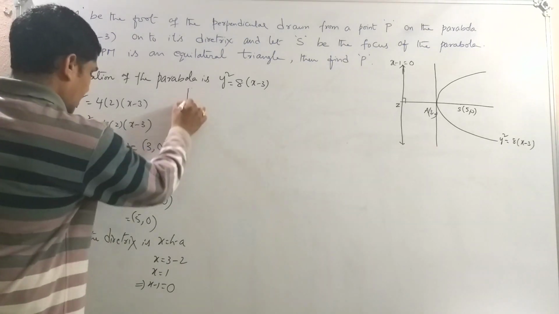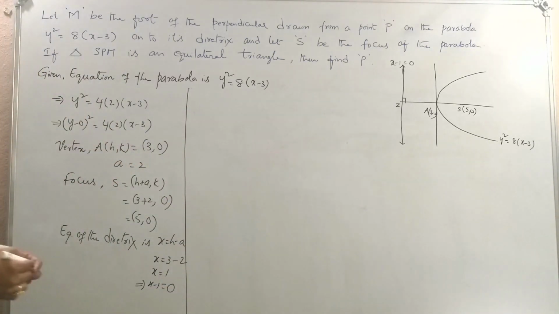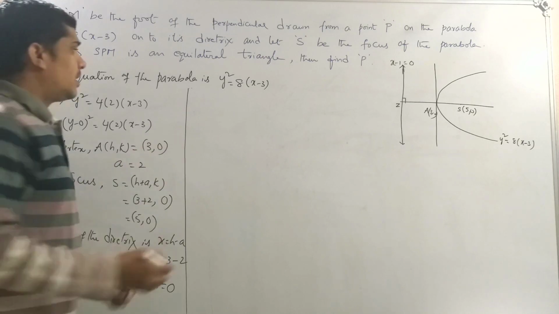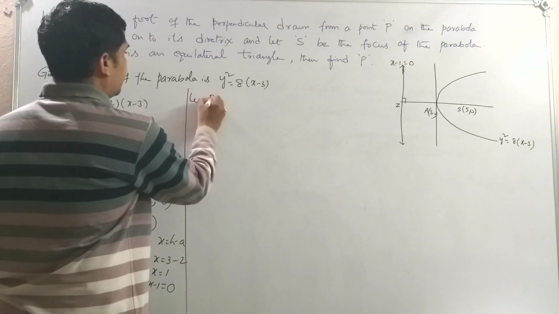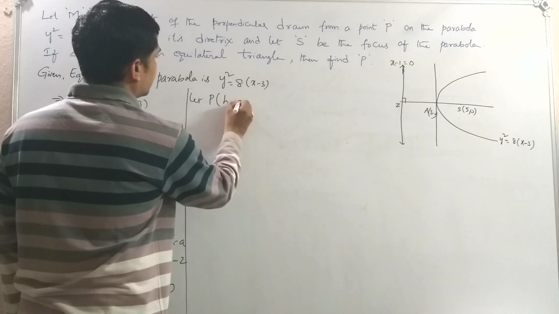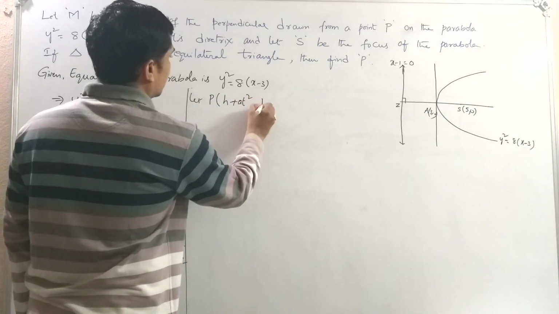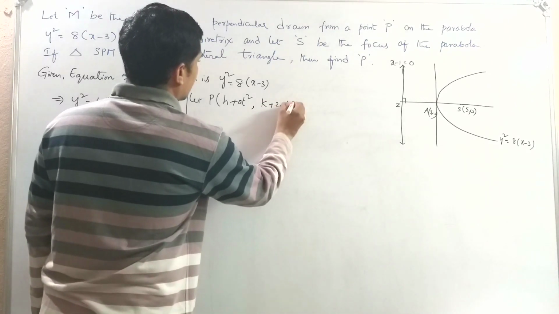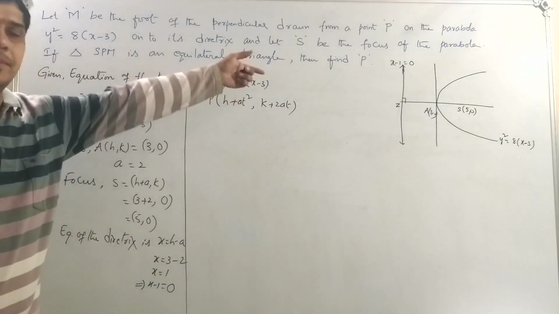Now let me consider P, that is, I am taking h plus a t square comma k plus 2 a t to be any point on the parabola.